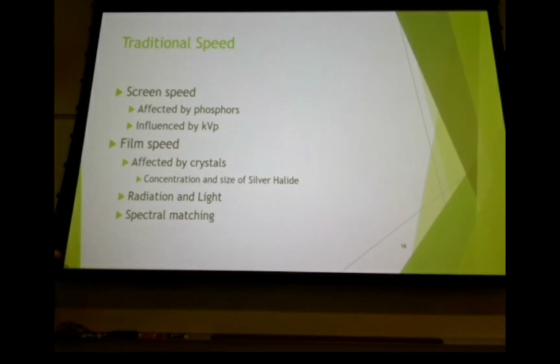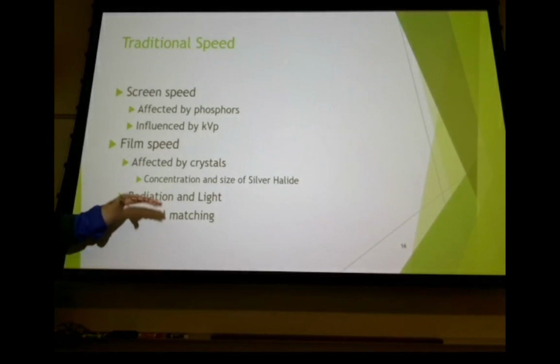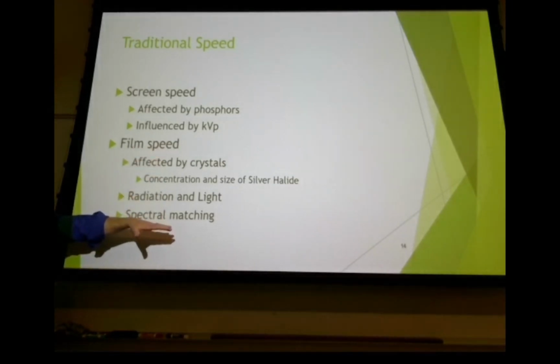Films were sensitive to radiation and light, and they had to be spectrally matched. So we had 2 basic types of films. Kodak made one, and I forget who made the other one. Kodak was sensitive to green light, so the screens would glow green, and the film was sensitive to that green light.